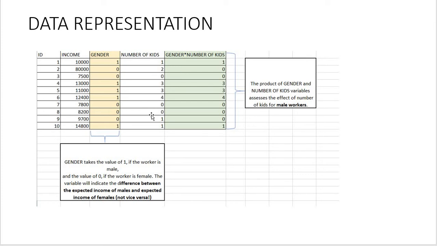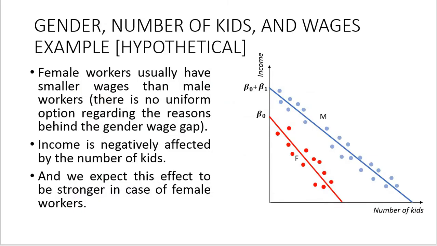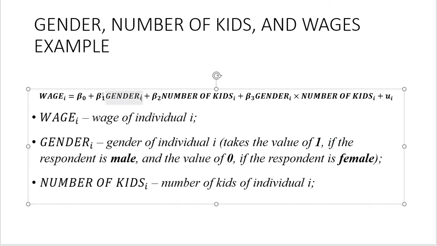Okay, so if this is clear, then in this case, the value of the dummy variable will affect not only the value of the intercept, because we include the gender dummy as a separate variable in our regression.